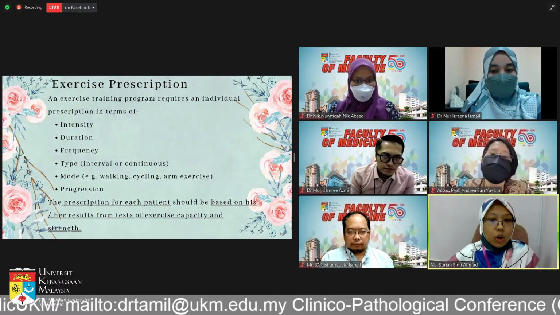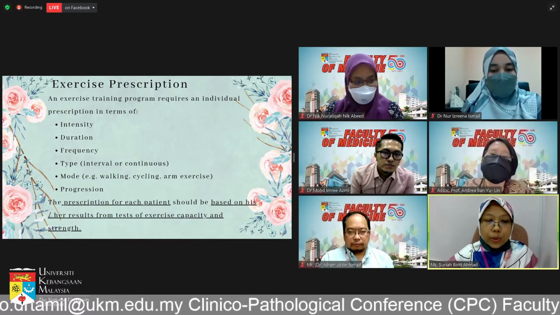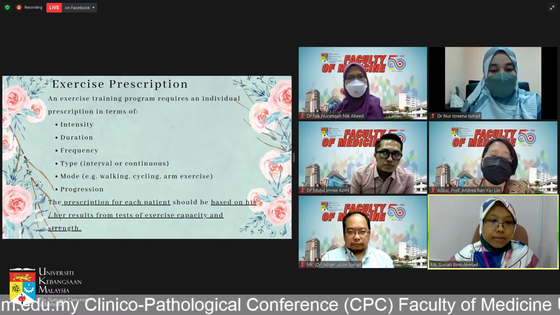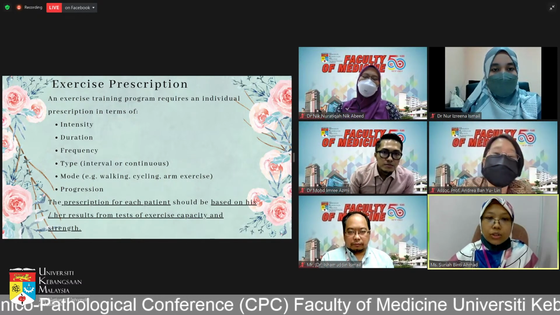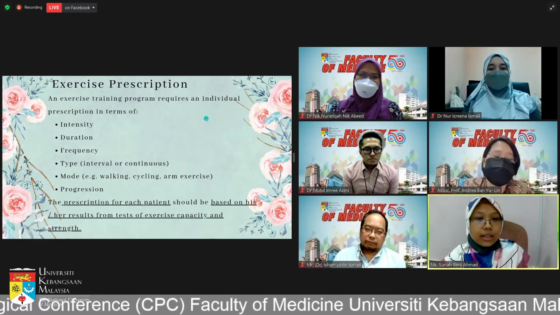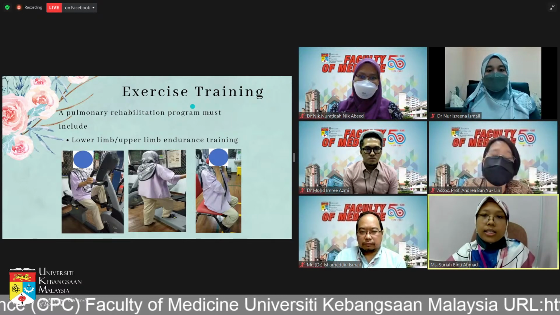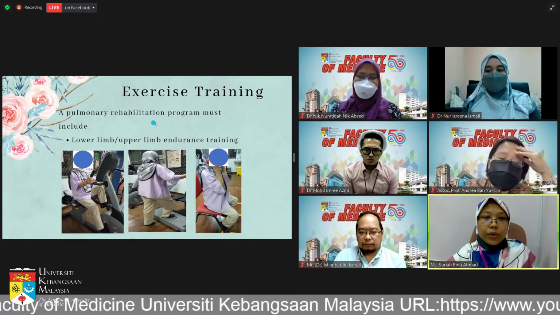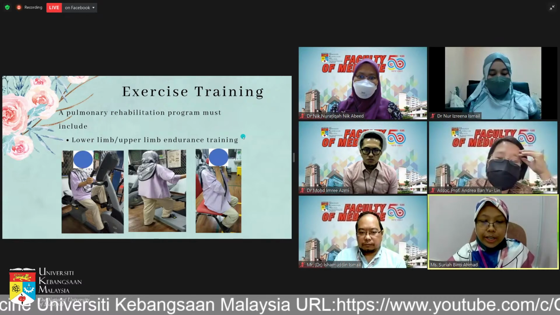So type is interval or continuous. Mode is walking exercise. We can progress the patient's walking exercise by increasing the duration and also the frequency. This is an example. This is the exercise training that we give to the patient. A pulmonary rehabilitation program must include lower limb and upper limb endurance training.